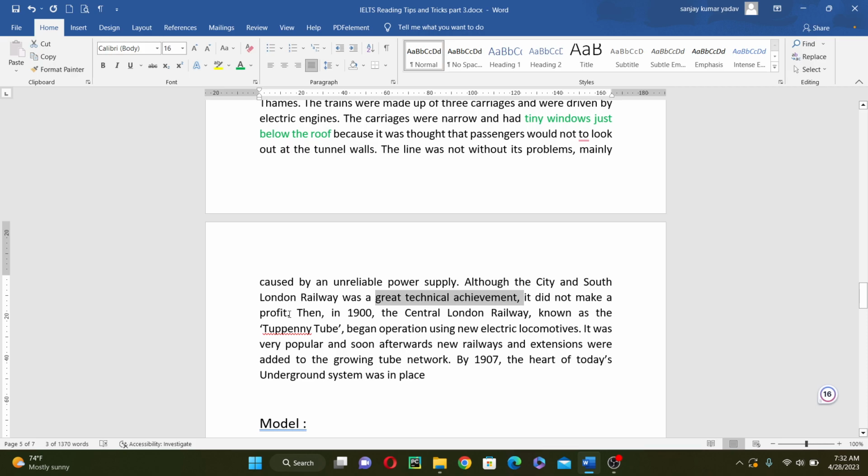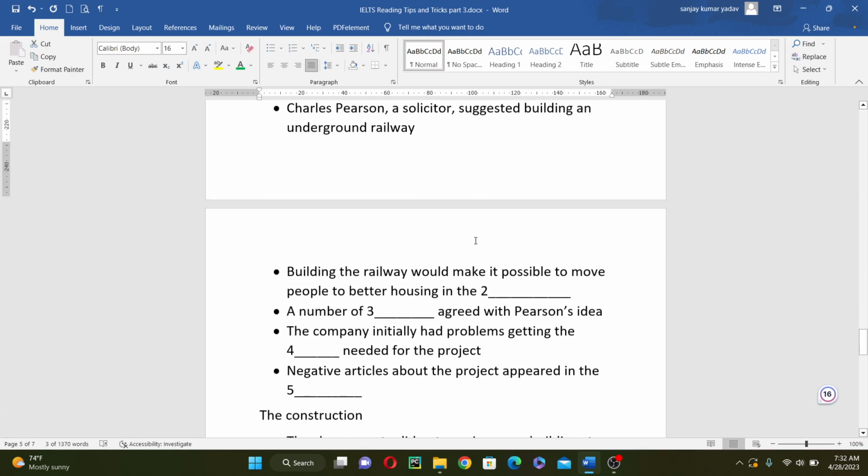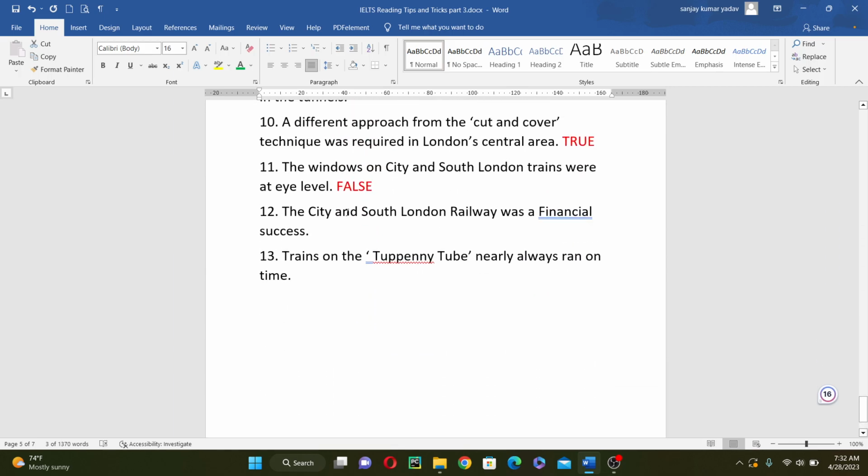So definitely the answer will be false. It was a technical achievement, so there was a huge success in the technical aspect, but in the financial section, it did not succeed that much. So this answer will be F A L S E, false.